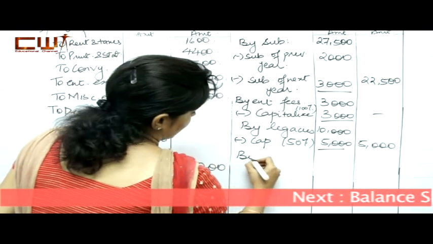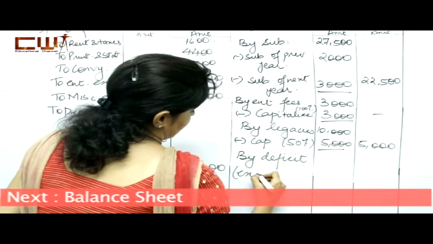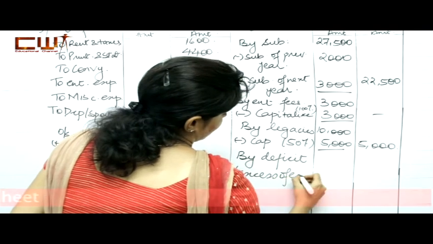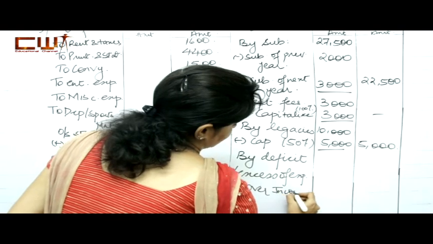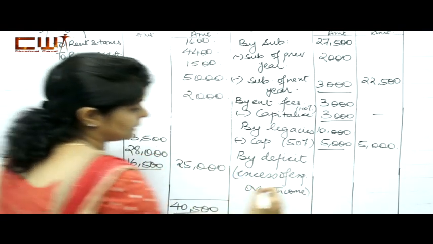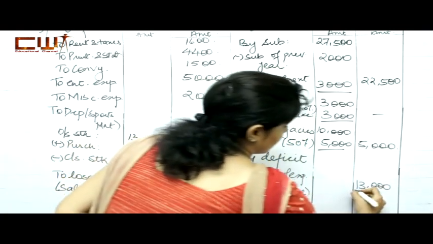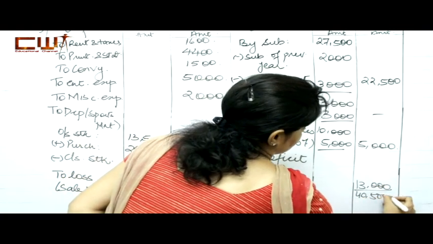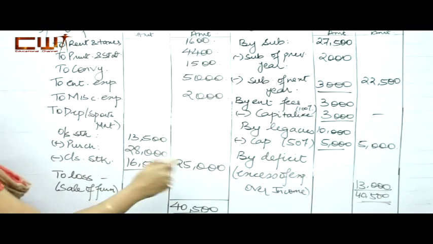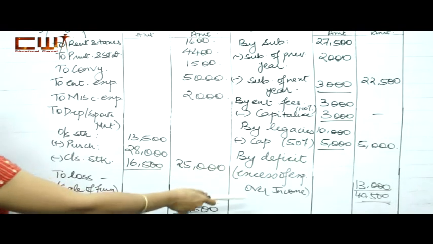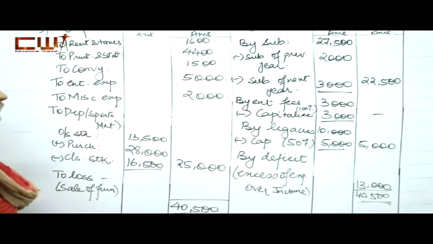So you will have the deficit, that is excess of expenditure over income, of 13,000. You write 13,000 here and 40,500. So you will add up both the columns, and whatever you have, you will get either the surplus or the deficit. In this question you are getting the deficit of 13,000.